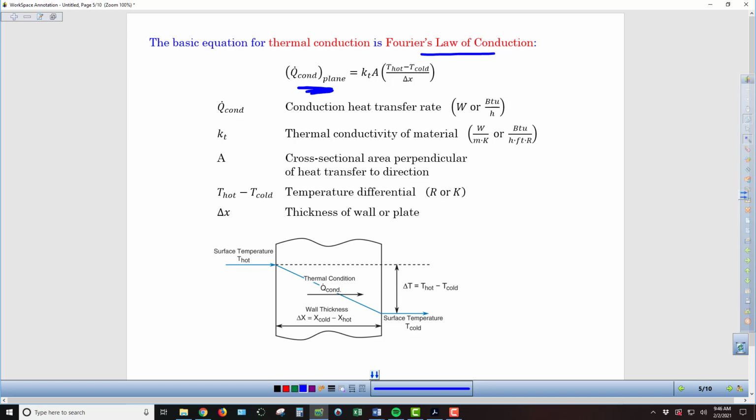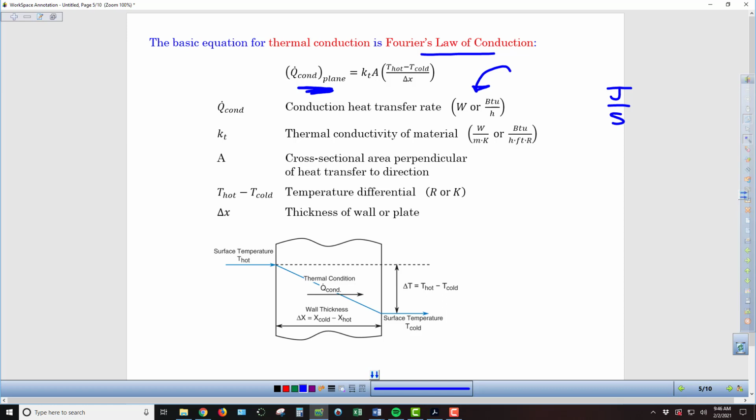So it is a heat transfer rate for conduction through a plane, through a flat surface. And so the units on that are going to be watts if we're in SI units, or BTUs per hour. So obviously BTUs per hour, new unit for us, but we can see that as being a rate of energy per unit of time. And of course, remember, watts are joules per second. So we have energy transfer per unit of time.